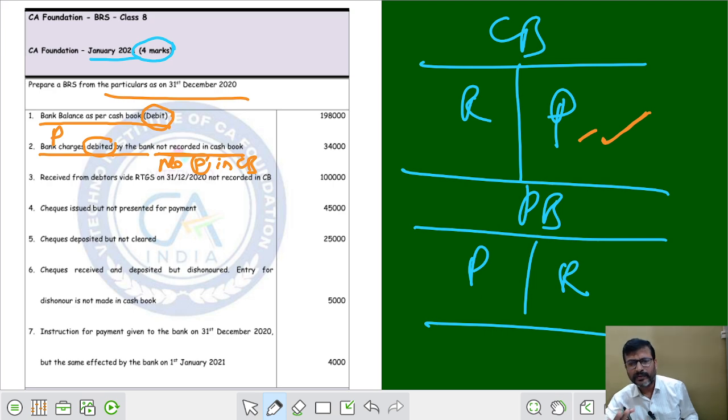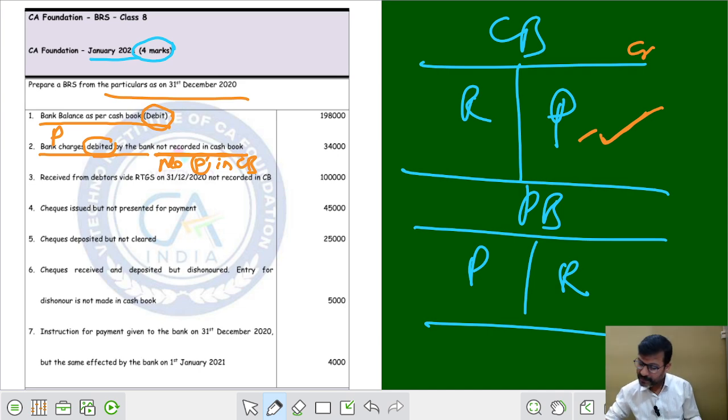I hope you understood the two angles for solving this transaction. One angle: since it is debited by the bank, directly take it on the credit side. Another angle: bank charges means payment, not recorded in cash book means no payment in cash book, means no credit in cash book. So we take it on the credit side only.